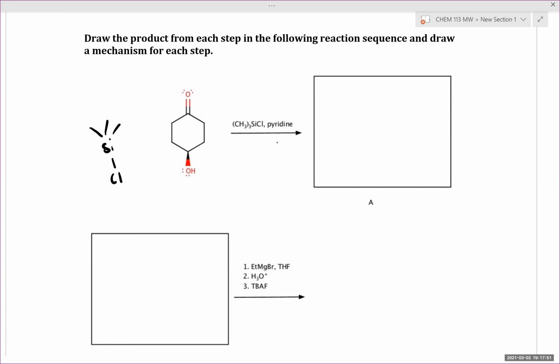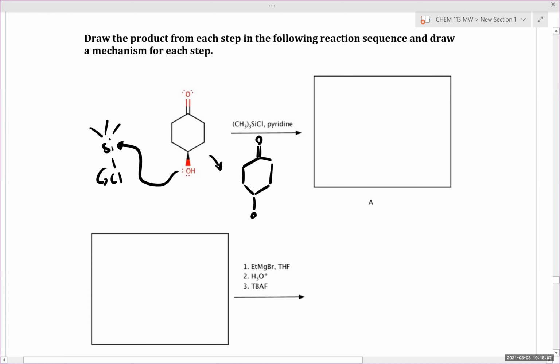Alcohol protection. Yep. So our alcohol will attack our electrophilic silicon atom and displace chlorine, or more specifically, displace chloride. That in turn generates our trimethylsilyl ether.